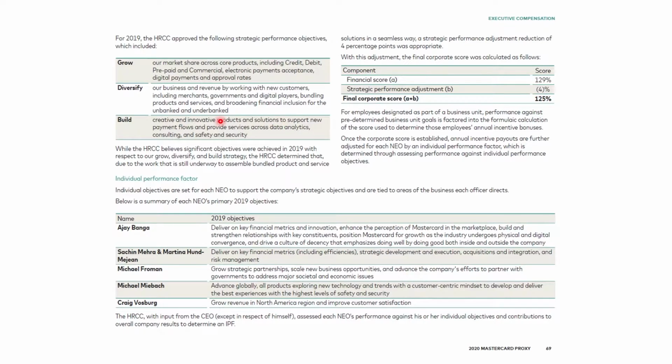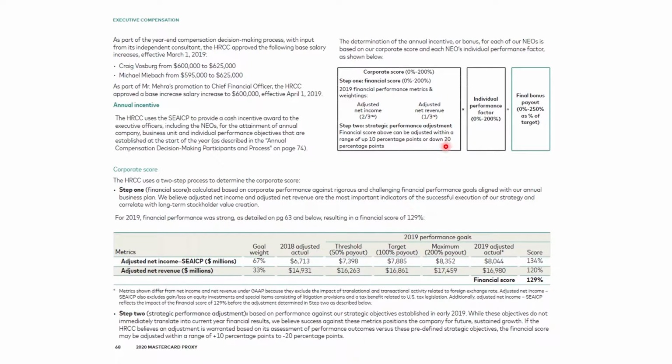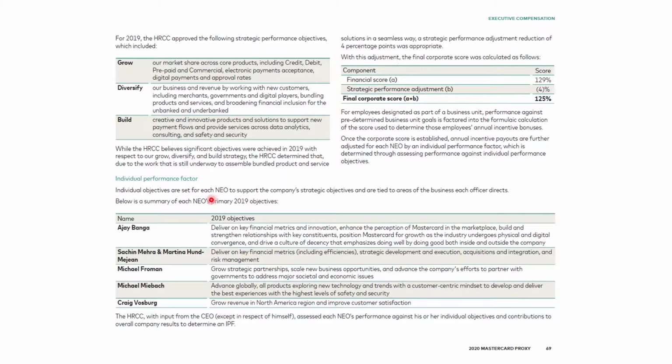So with 125 and 129, they get a corporate score. And the corporate score, they multiply by the performance of the individual, and the performance of the individual depends on the objectives of each individual. So they put objectives to each individual, which are very difficult to measure.